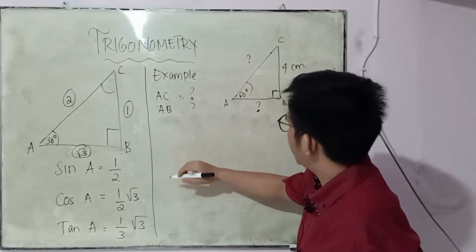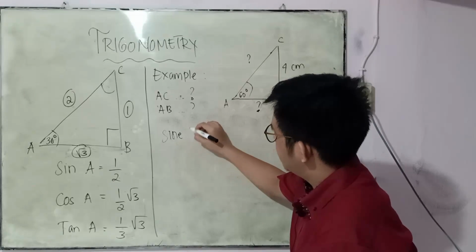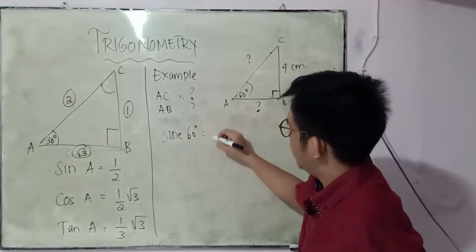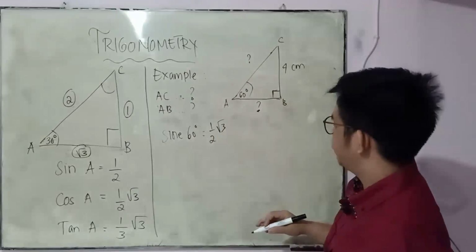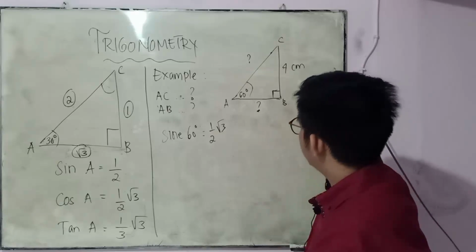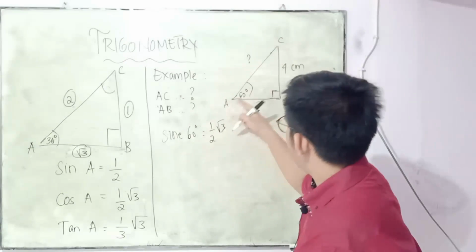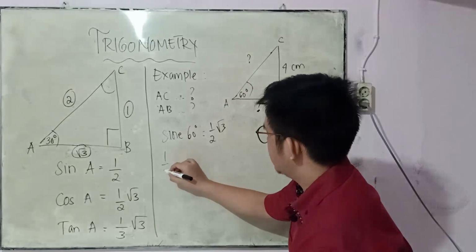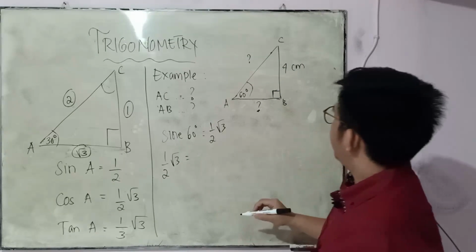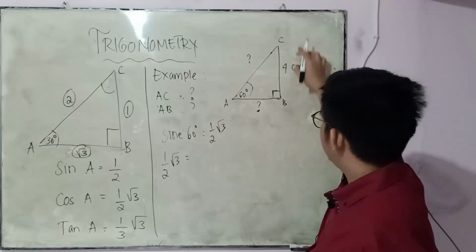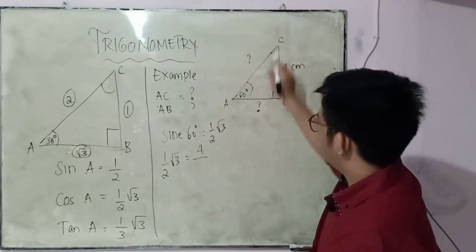We can start from sine 60, which equals half times the square root of 3. Now we can make the comparison: sin A, which is half times the square root of 3, equals this side over the hypotenuse AC.